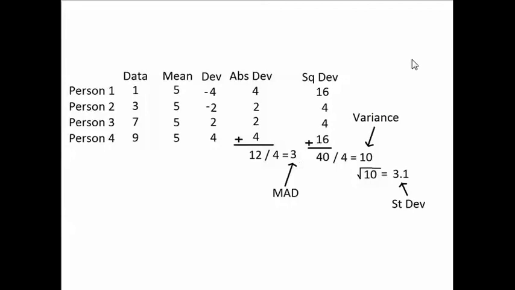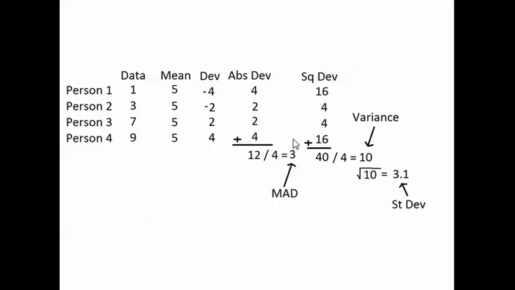But that's not possible with a MAD. It's not possible to calculate how many people fall within one MAD of the mean, or within two MADs of the mean. So, since the standard deviation has certain advantages over the MAD, it is more commonly used. If you look at an article that reports statistics, you'll almost always see the standard deviation reported, rather than these other two measures of dispersion.